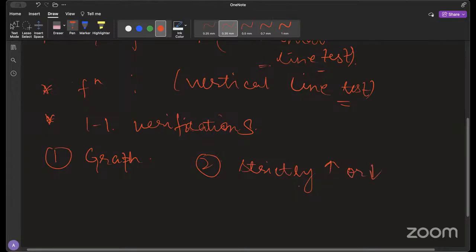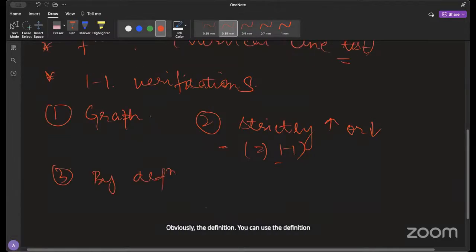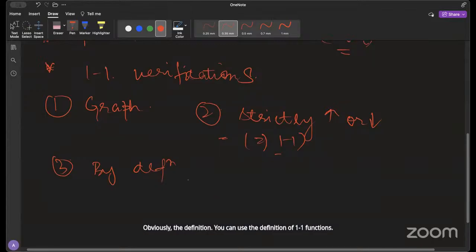If so, this implies that it is one-one, and not the other way around. It's a one-way result. And then obviously the definition. So these are the three major ways to verify if a function is one-one or not.